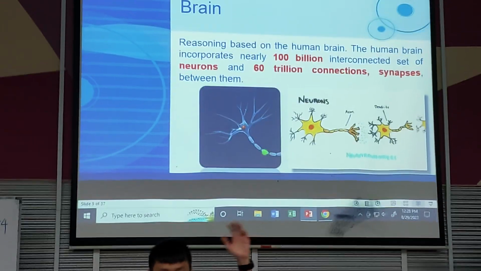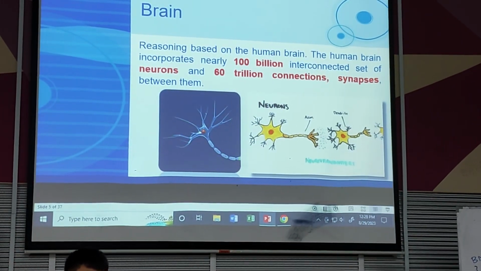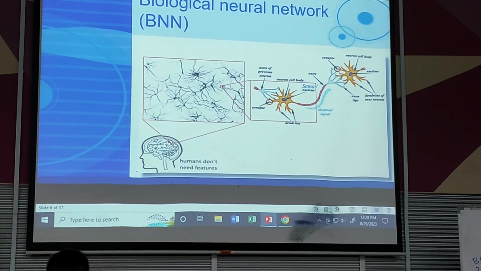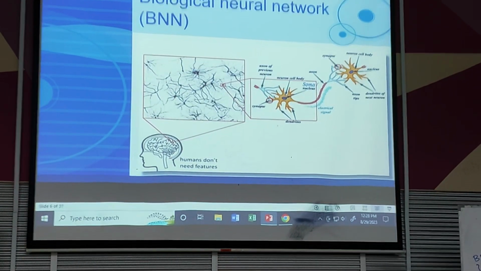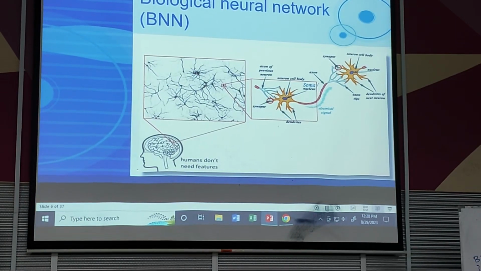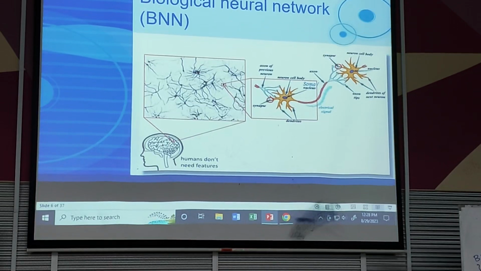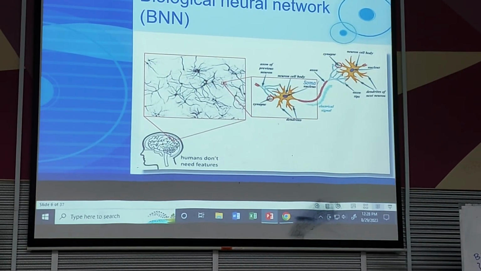So the biological neural network, also known as the brain, is formed by a lot of neurons. A neuron connects to another neuron, connects to another neuron. And each neuron here consists of 4 components.